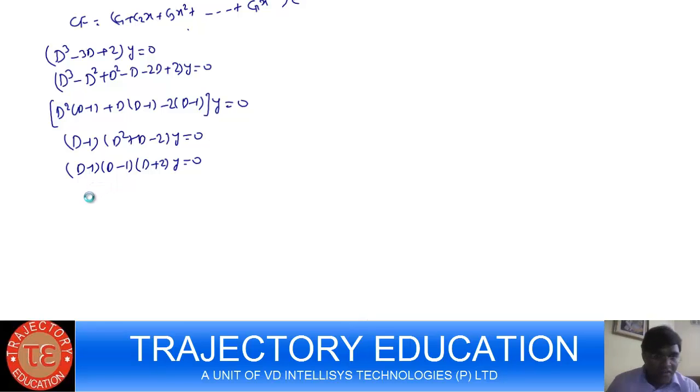So d equals 1 is, say, the roots are repeated over here, right? So I can say the complementary function is c1 plus c2 x e to the power x, and this will be c3 e to the power minus 2x, because d equal to 1 root is repeated over here.